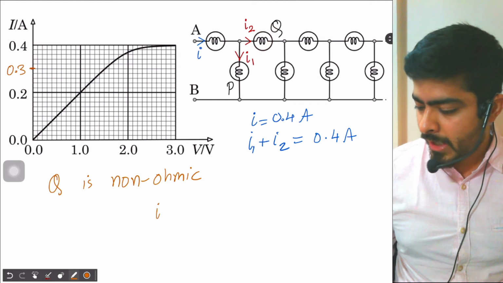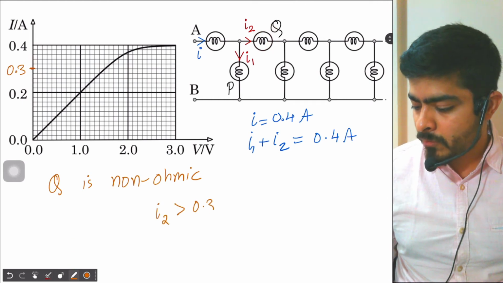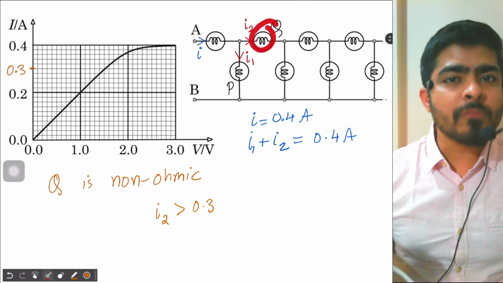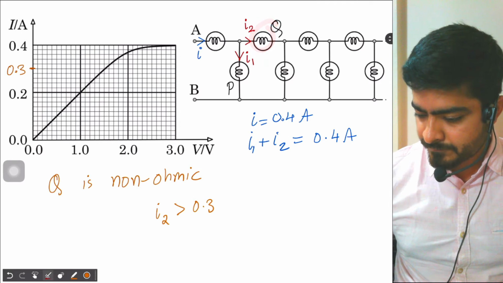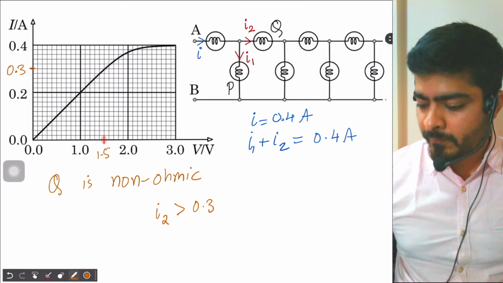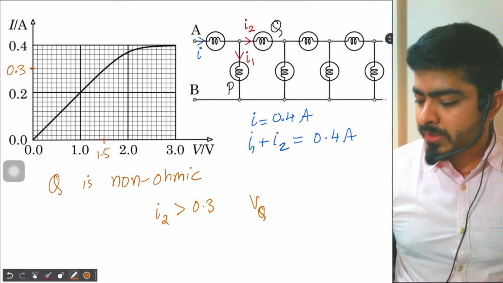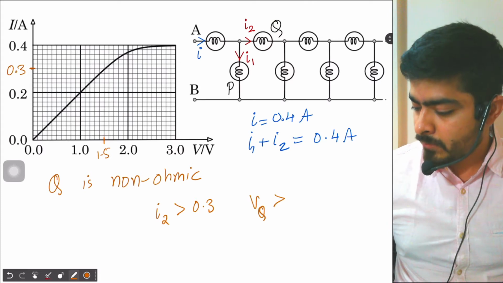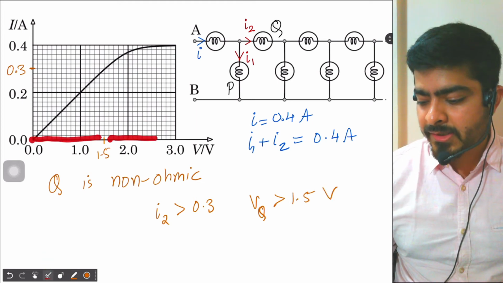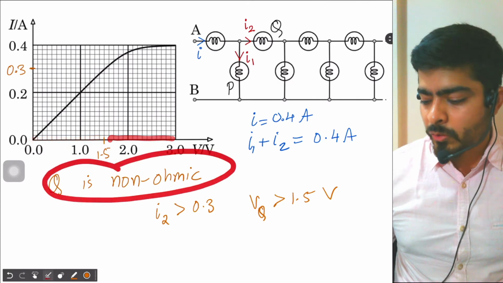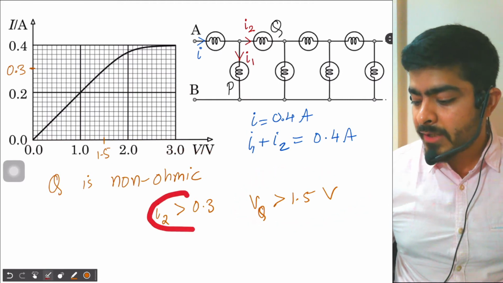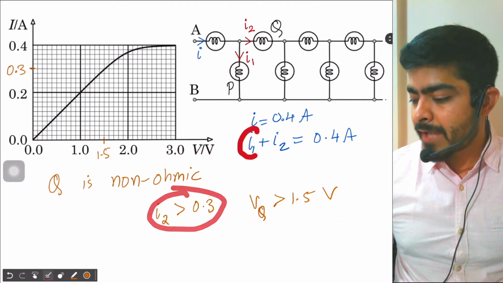So we have I2 more than 0.3. Now if the current in this branch is more than 0.3, that means the voltage across the lamp Q should be more than 1.5 volt. This is your ohmic range, this is your non-ohmic range. Since Q is in the non-ohmic range, its voltage is more than 1.5 volt.